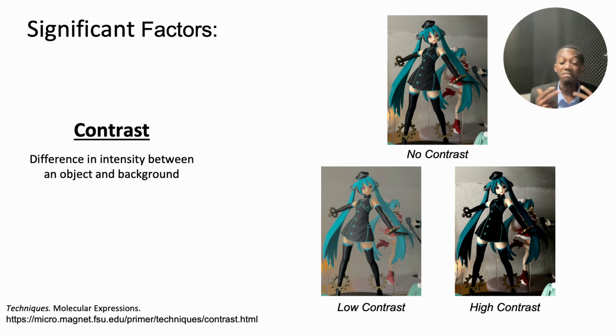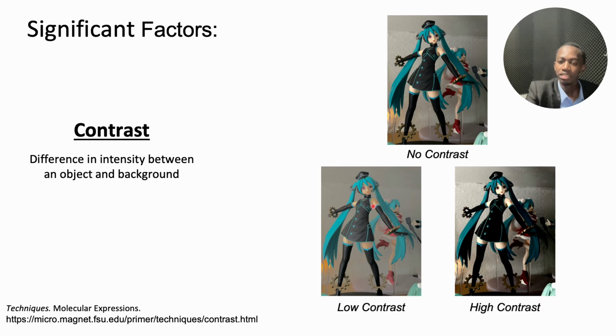Now, there are three main factors that are very key when doing microscopic imagery: contrast, magnification, and resolution. Contrast is just the difference in intensity between an object and its background. As you can see right here, this is the normal image with normal contrast, then this is low contrast.